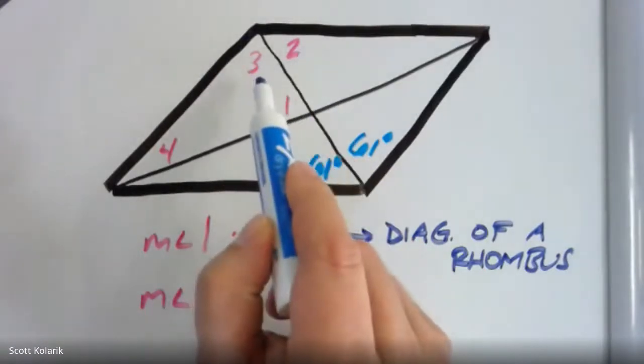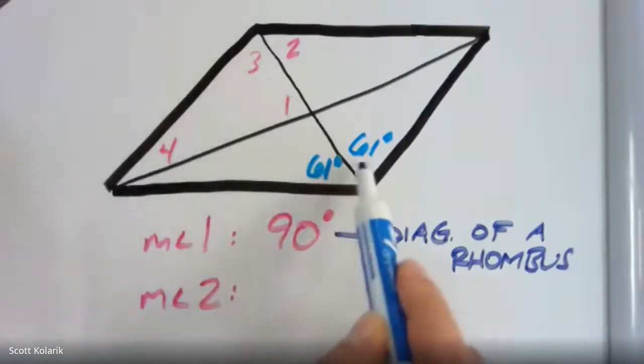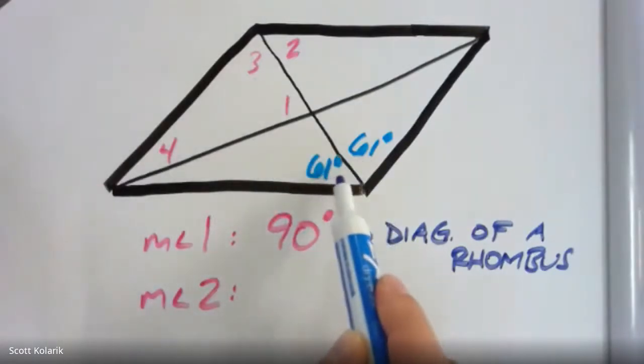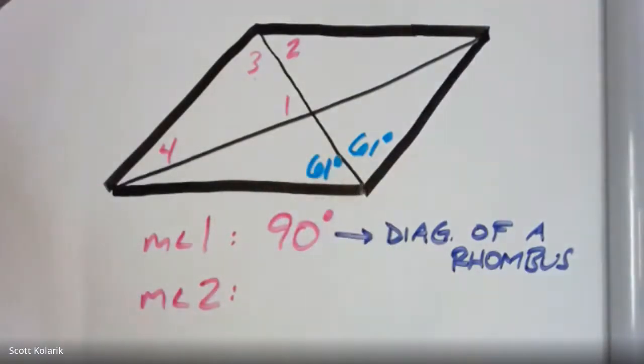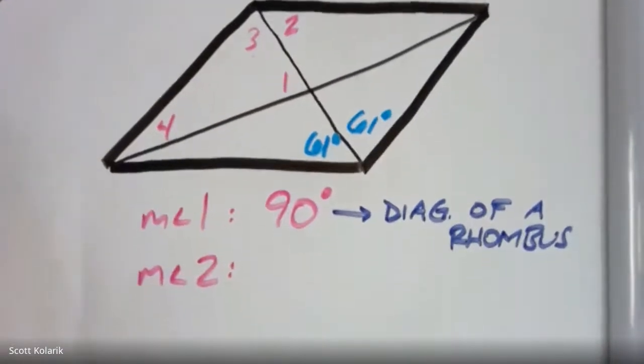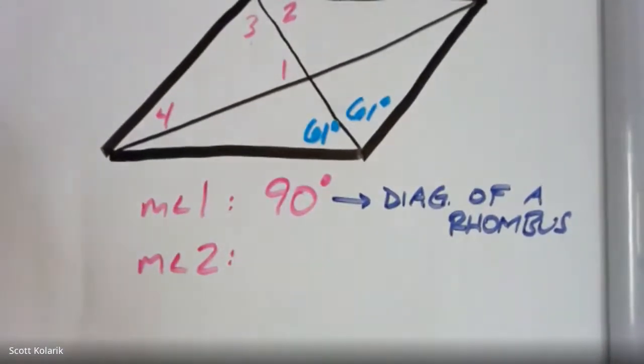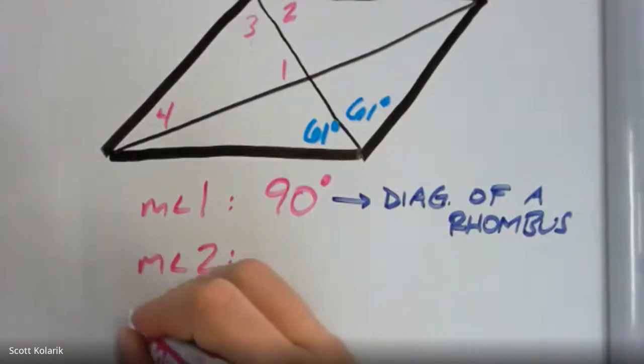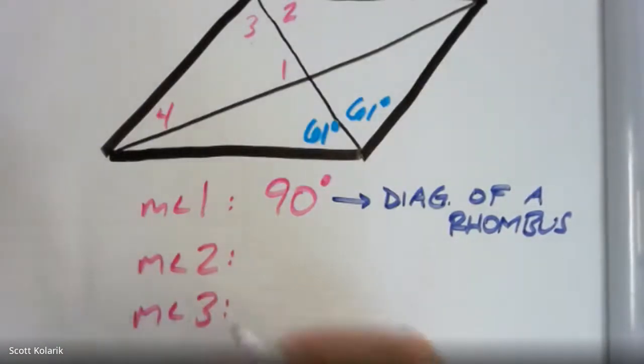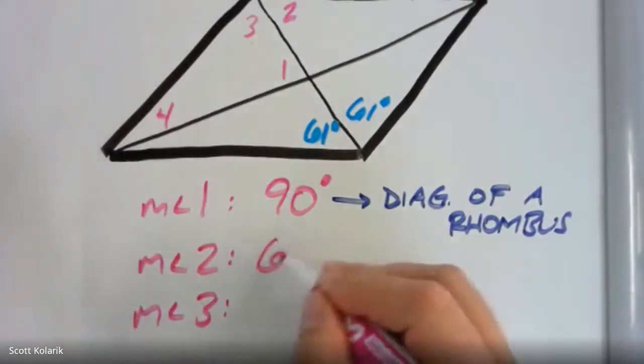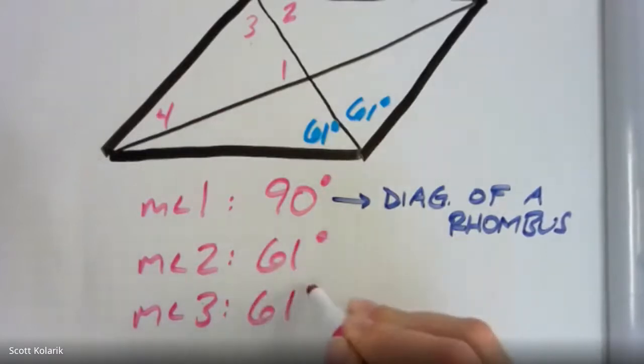They have to be congruent to one another. And we're going to find that they actually have to match both of these guys. Again, unique to a rhombus. So we actually get a little 2-for-1 right here. Right? So I can actually solve for angle 2 and angle 3 right here. They're both going to be 61 degrees.